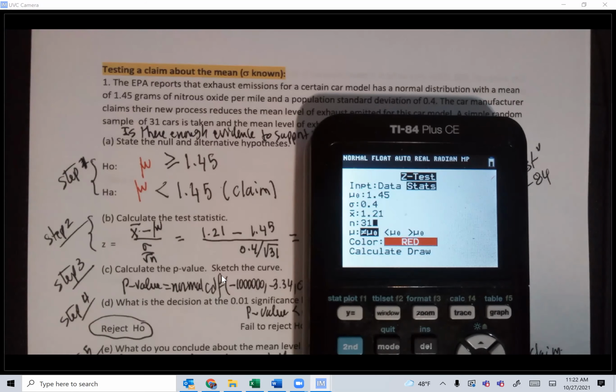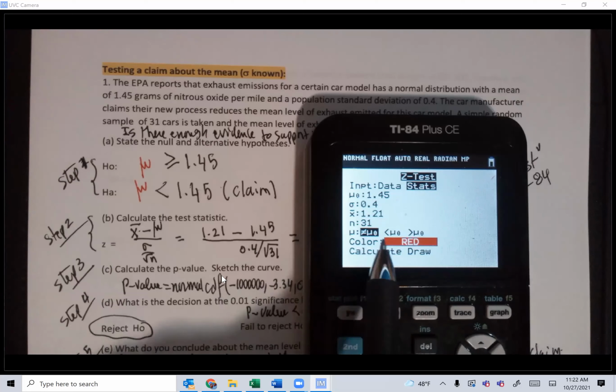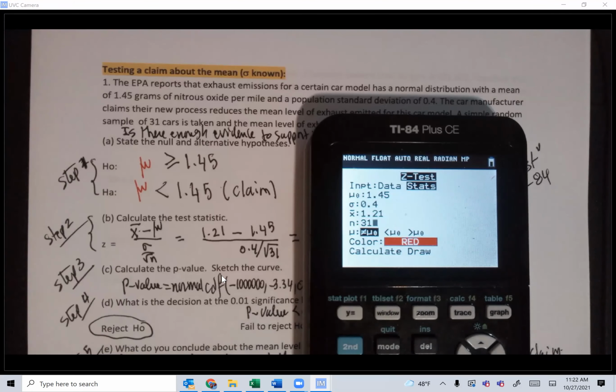And now let me tell you what this is, and I want a student to tell me which one do I select. The one before you hit calculate is what is the sign in the alternative hypothesis. So which one do I choose, guys? The first, second, or third? It's the sign of the alternative hypothesis, because the calculator needs to know what type of test, a left tail test, a right tail test, or two tail test in order to find the p-value.